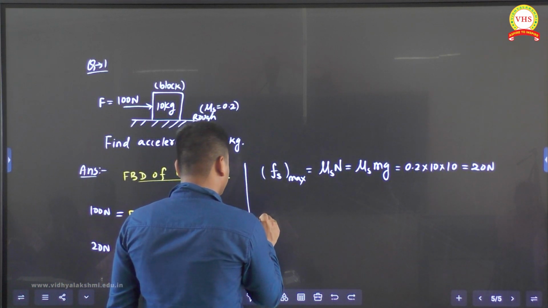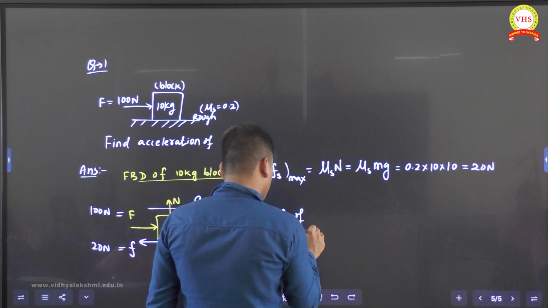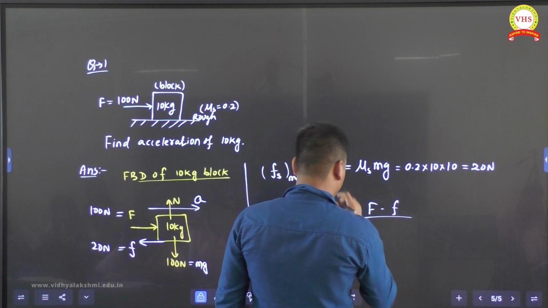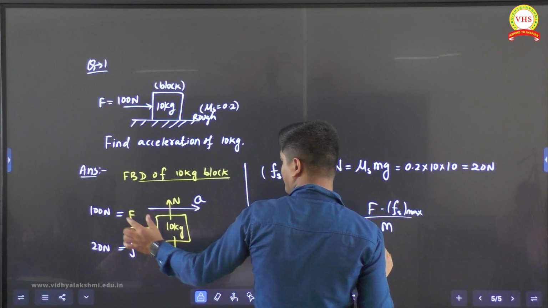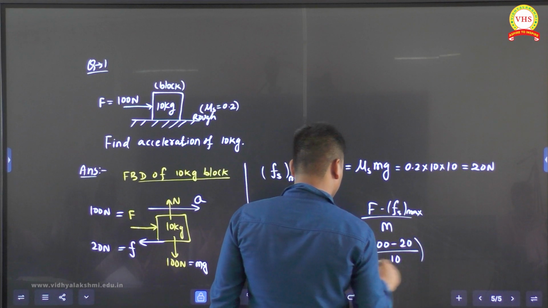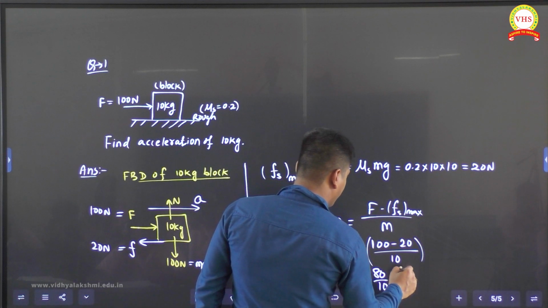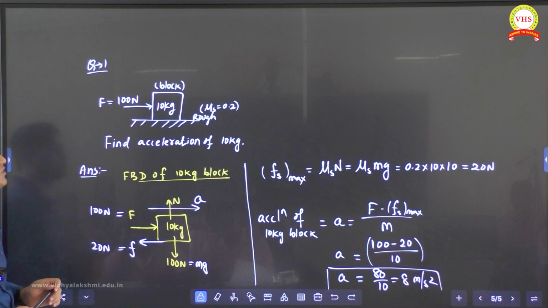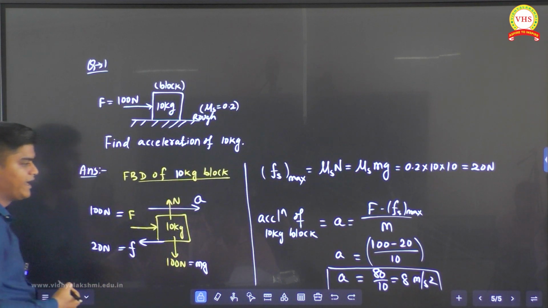So the acceleration of the 10 kg block is a equal to F minus Fs max divided by m, which is 100 minus 20 divided by 10. 100 minus 20 is 80, and 80 by 10 is 8 meter per second square.